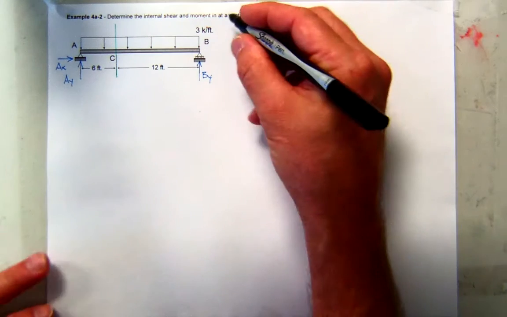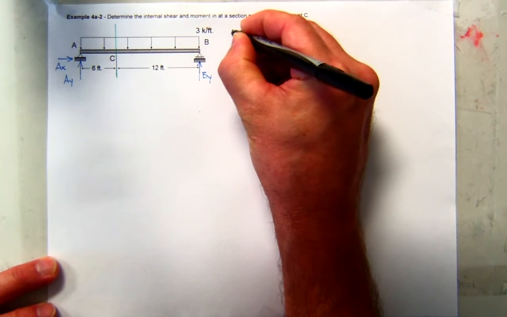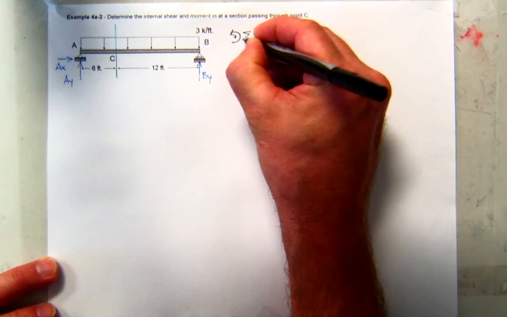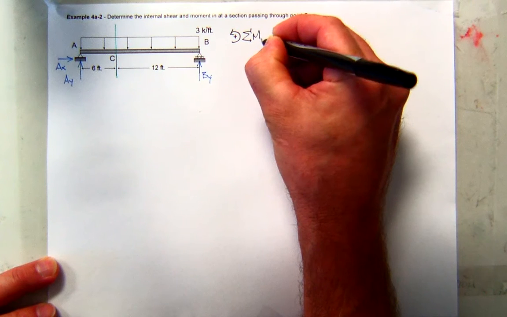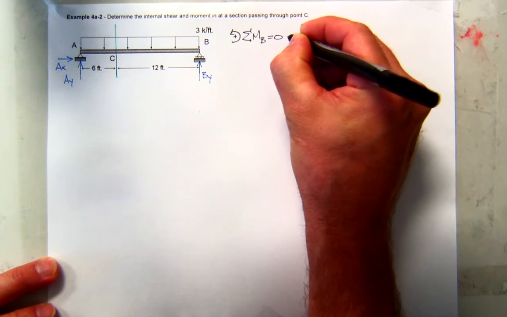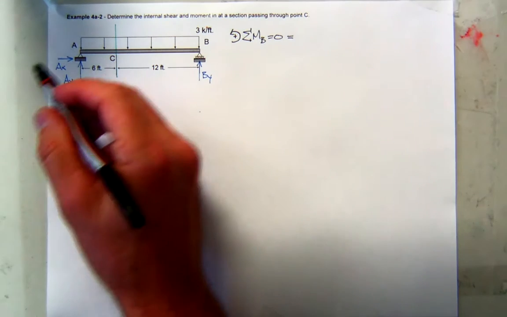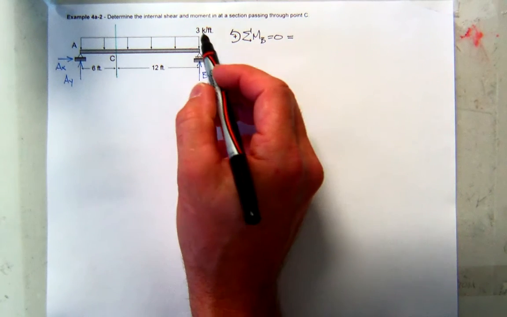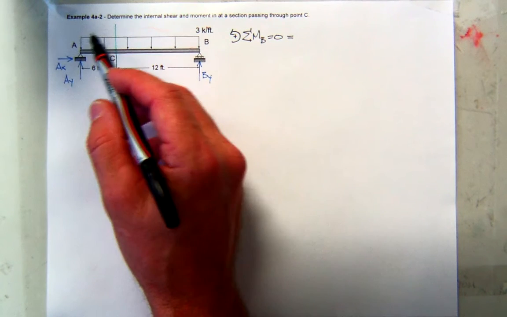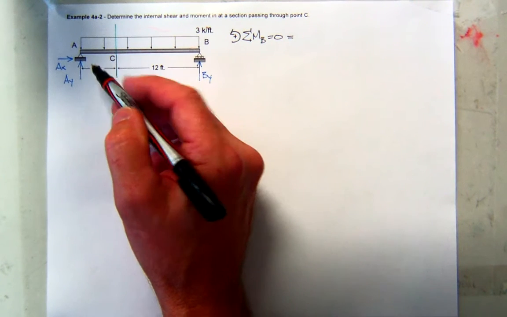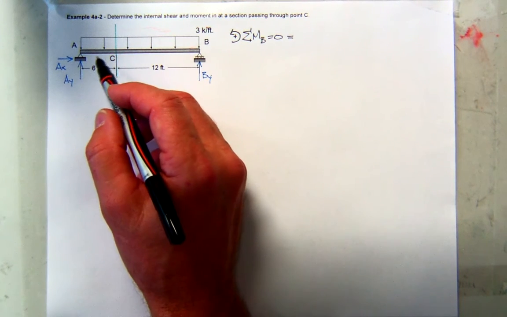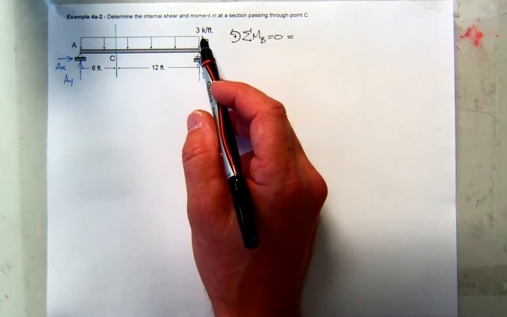So let's do that. I like to use the right-hand rule, and I'm going to sum moments at B. Make sure it's in equilibrium. Now this distributed load is a little difficult to deal with in this form, so we're going to make an equivalent force that passes through the centroid. It's a rectangle, so the area is base times height.